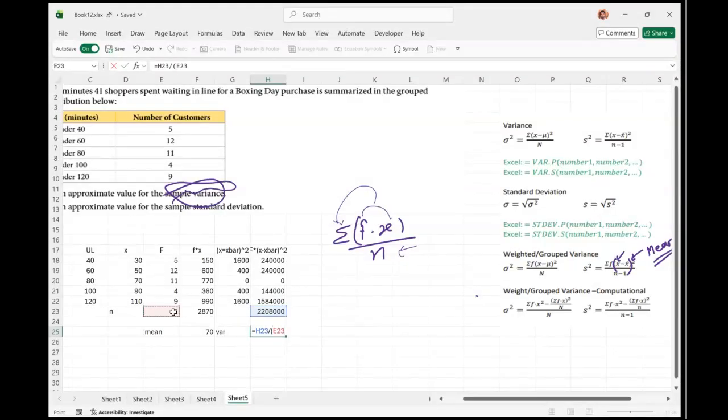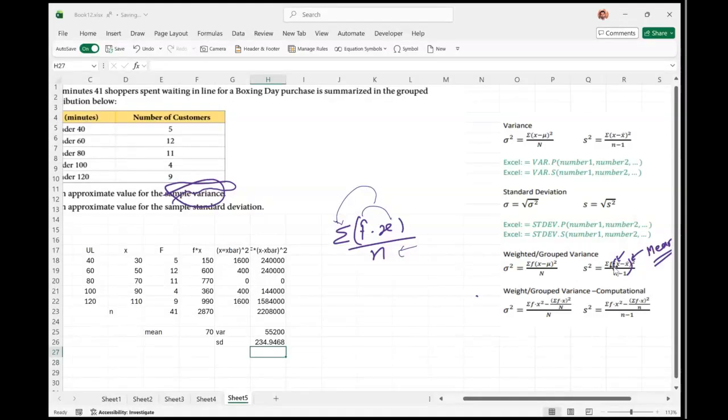This is n minus 1. N is the sum of frequency. So this is the variance we've got. Now if I were to find the standard deviation, that will come out to be equal to the square root of this number, and that's going to give me the standard deviation.